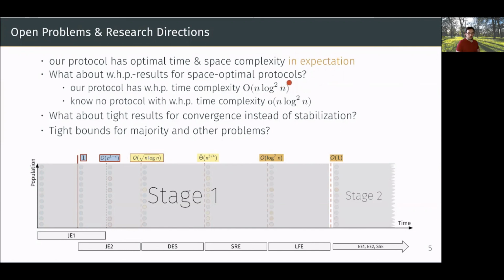While there are some protocols which require less time, n log n interactions only, these are not state optimal. And it would be really interesting whether there is a protocol which solves leader election in truly less than n log square n time, and still only uses roughly log n many states.